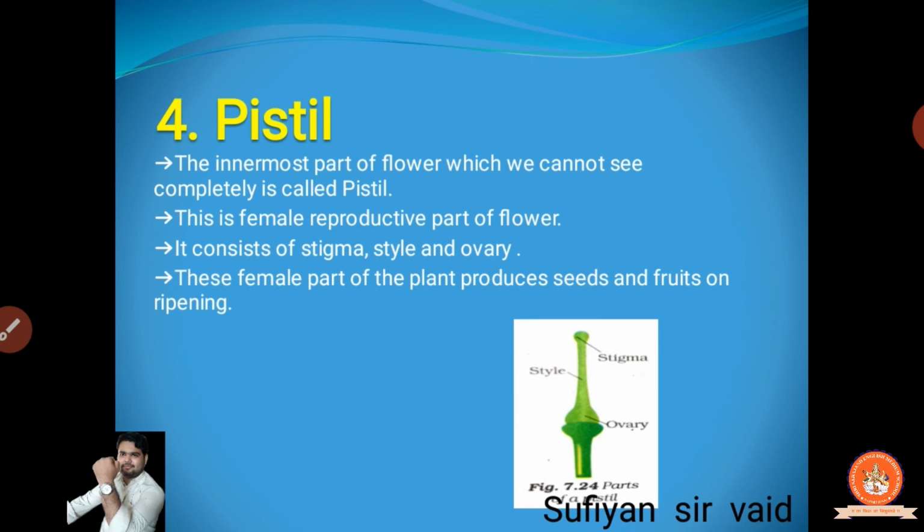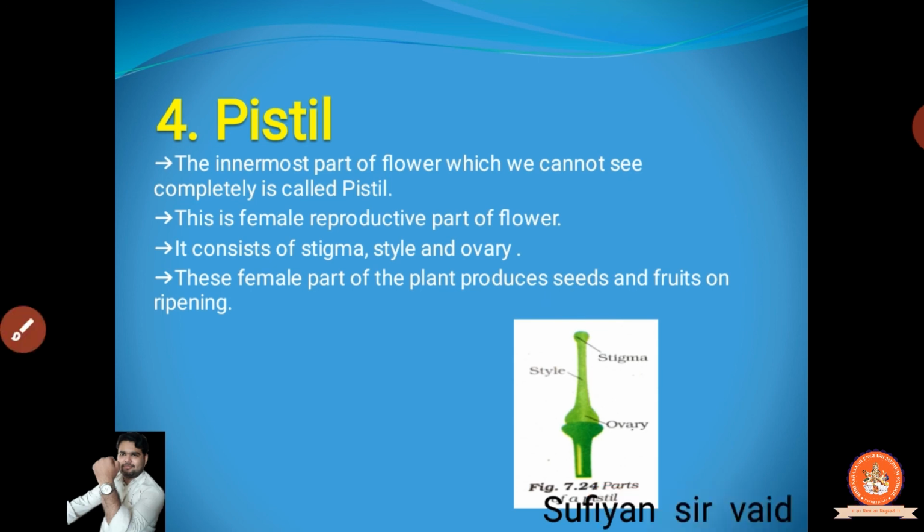In a big plant there are small plants also growing, of the same structure, because when seeds are made, they fall down and grow in the soil. Clear? So the female reproductive part produces what? Seeds and the fruits. Clear?